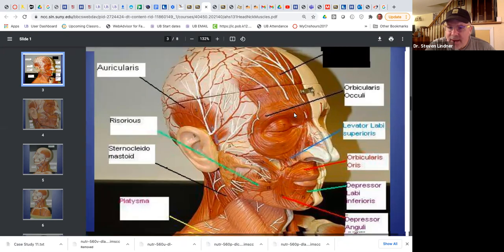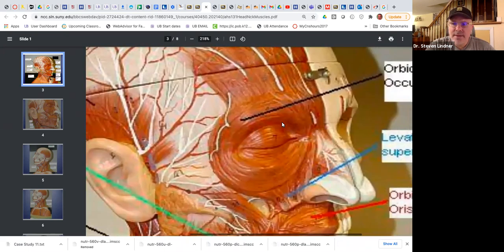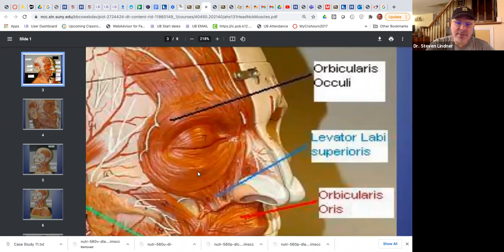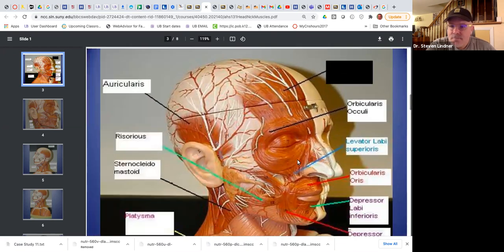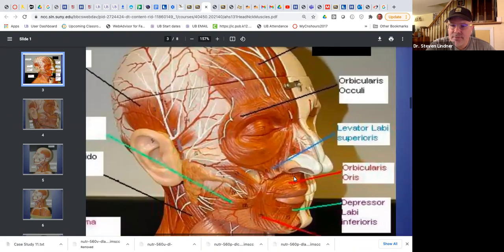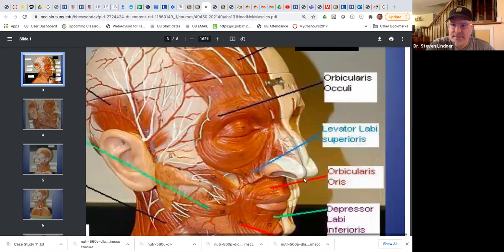If you look around the eye, right here, going around the eye, that's the orbicularis oculi. That helps to close the eye. Here is the levator labii superioris. Levator, to elevate, labii, lips, superioris, it's above.